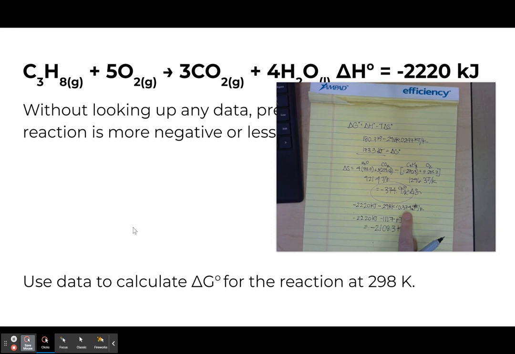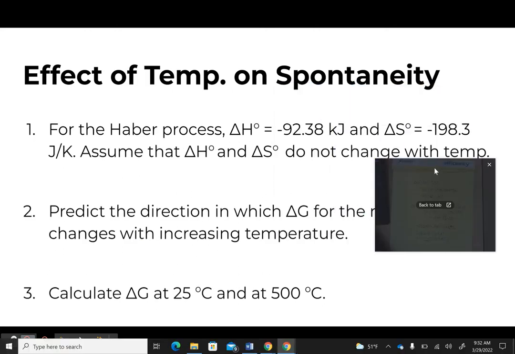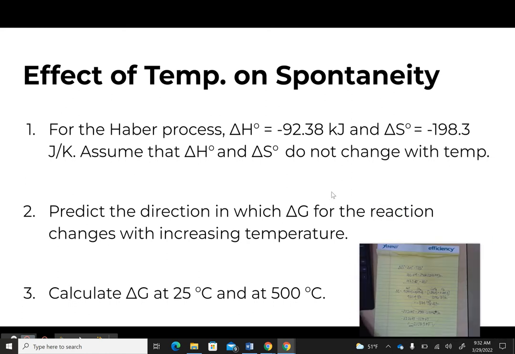And look, I converted it from joules into kilojoules so that these could subtract. And I got negative 2,108.3. So it looks like the enthalpy still dominates, and this is spontaneous because of that sign, and pretty spontaneous. That's a pretty big number. Okay, so y'all are doing great.